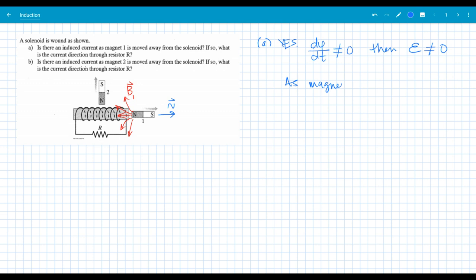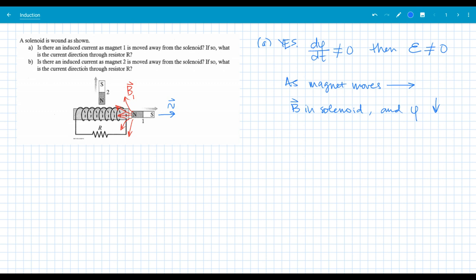As the magnet moves to the right, the B field in the solenoid, and more importantly the flux in the solenoid, decreases. Remember, it's any change that causes the EMF. It doesn't have to be an increase. It's all about the change.